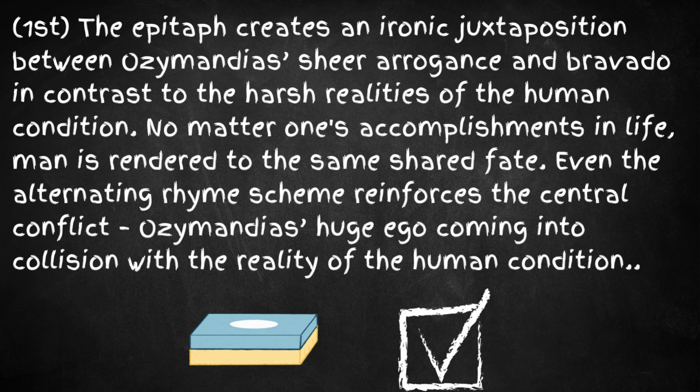The epitaph creates an ironic juxtaposition between Ozymandias' sheer arrogance and bravado in contrast to the harsh realities of the human condition. No matter one's accomplishments in life, man is rendered to the same shared fate. Even the alternating rhyme scheme reinforces the central conflict: Ozymandias' huge ego coming into collision with the reality of the human condition.